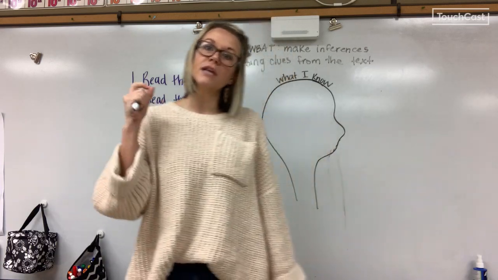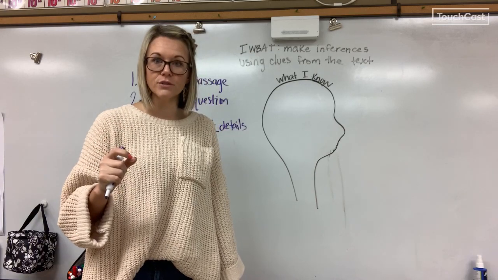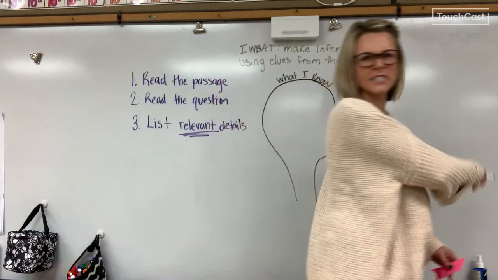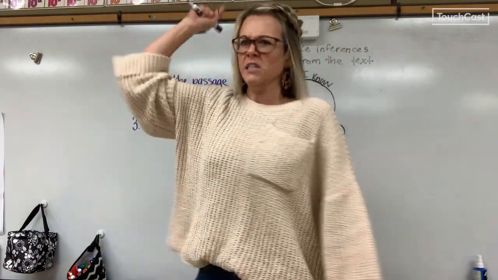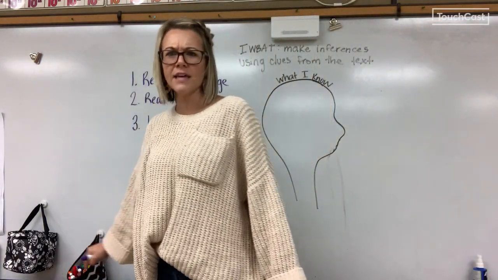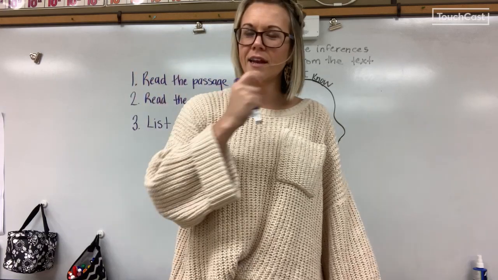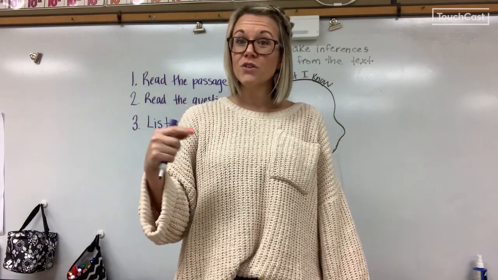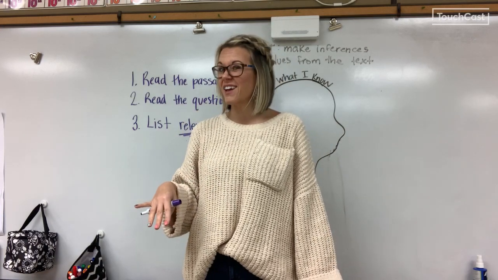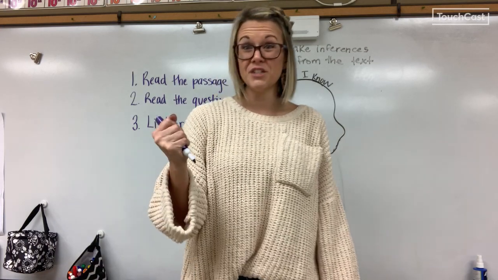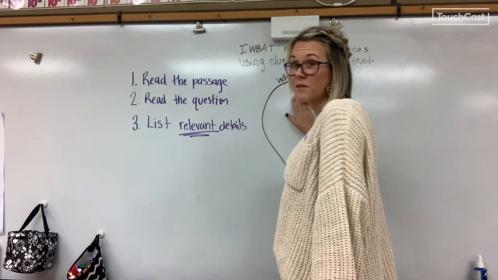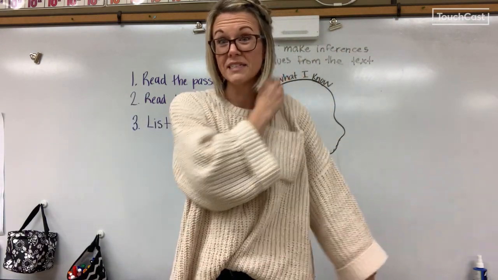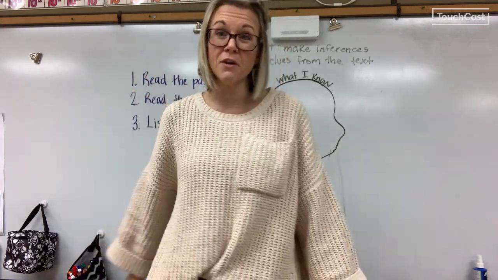So make sure that you're using relevant details. For example, if I were to walk in here mad and I was slamming the door and saying, I cannot believe you guys acted that way at lunch today, and I asked you to tell me how I felt, you would use clues like you were clenching your fist, you hit the board, you were yelling, your voice was raised, you were pointing your finger at people.